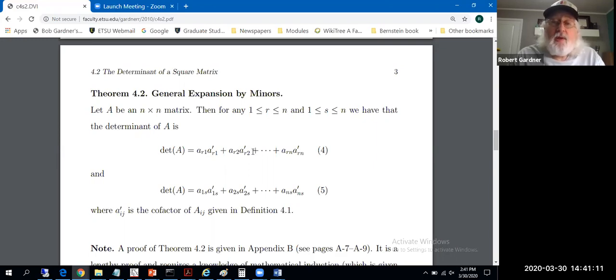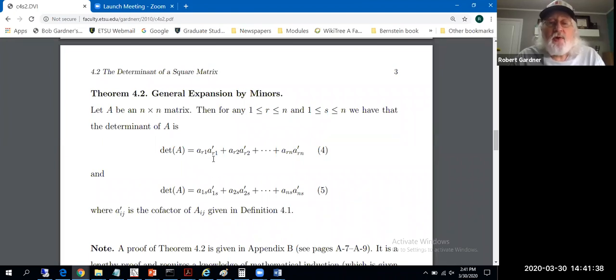All right. Now they've chosen parameter r because what they're saying is, whereas before we went along the first row, we took A11, A12 through A sub 1n, along with the corresponding cofactors. They're saying you could go along any row. Take A sub R1, we're going along row R. R is between 1 and n.